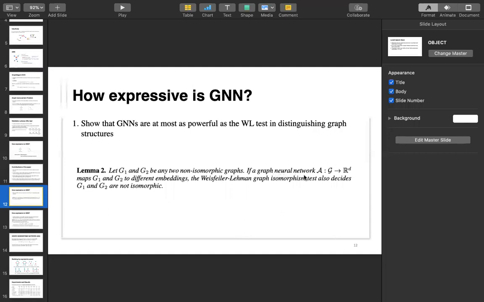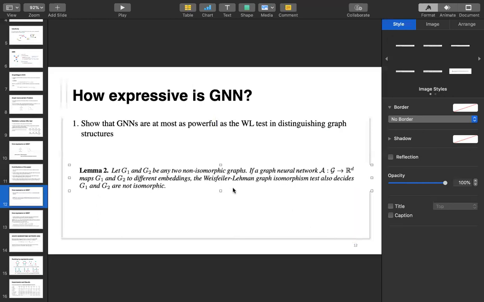So if a graph neural network A maps G1 and G2 to different embeddings, then the WL test also decides that G1 and G2 are not isomorphic. So that means for any network, as long as the network can distinguish the graphs, then the WL test can distinguish the graphs.